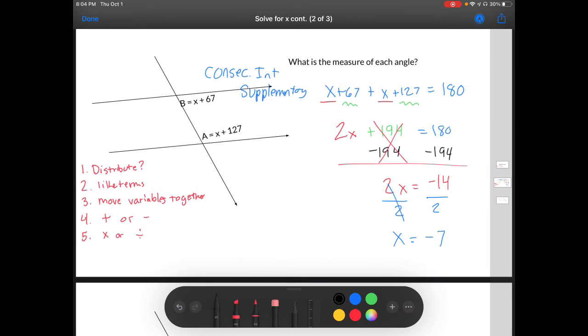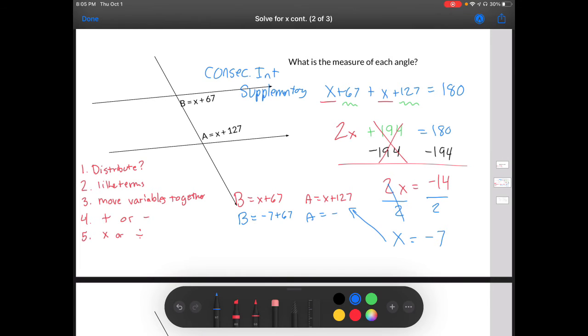Since our directions say what is the measure of each angle, we have to do a couple more things, right? That would be the end if it said solve for x, but since it asks for the measure of each angle, the last thing we're going to do is take each angle, b equals x plus 67, and a equals x plus 127, and plug x into those. So instead of x plus 67, it's negative 7 plus 67.